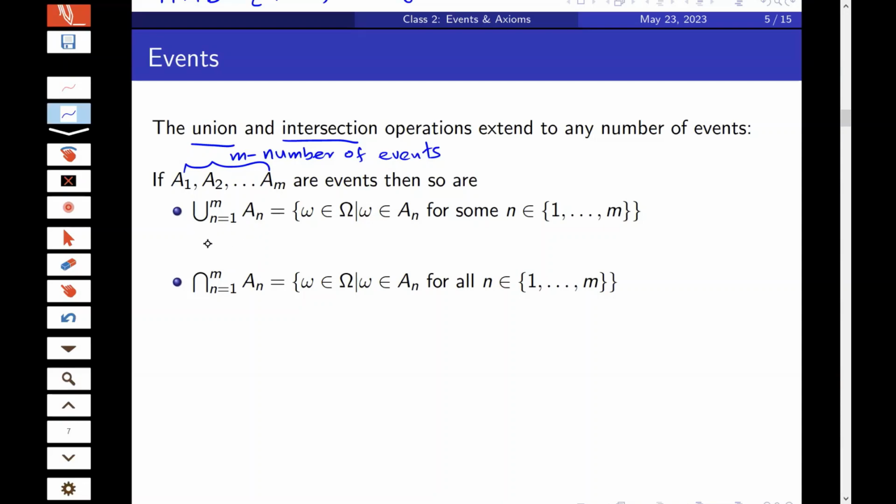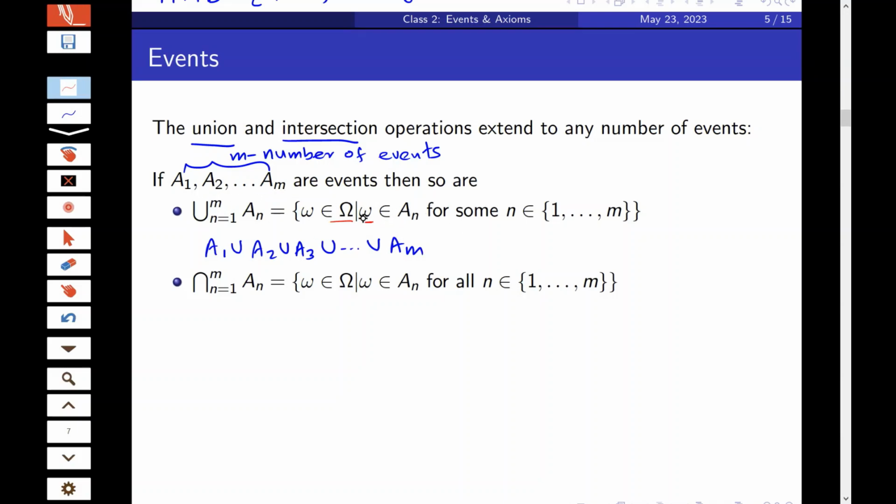The idea is A1 union A2 union A3, all the way to union of AM. So the union of all these M events is defined like this. Here it says omega in large Omega, and this little omega should stay in at least one of these events, A1 to AM.